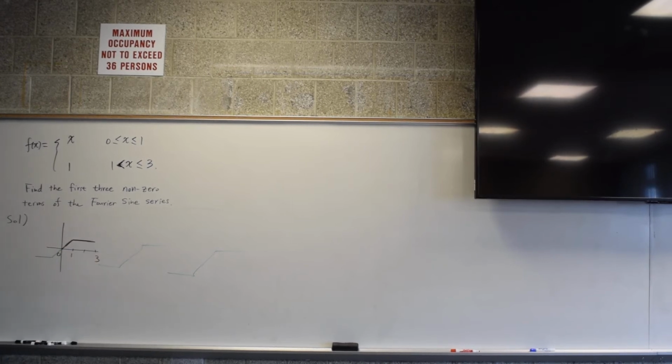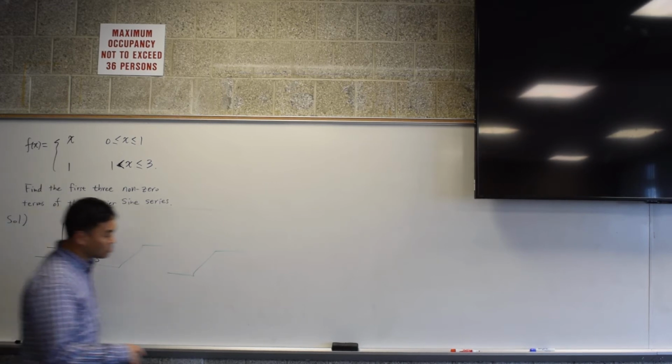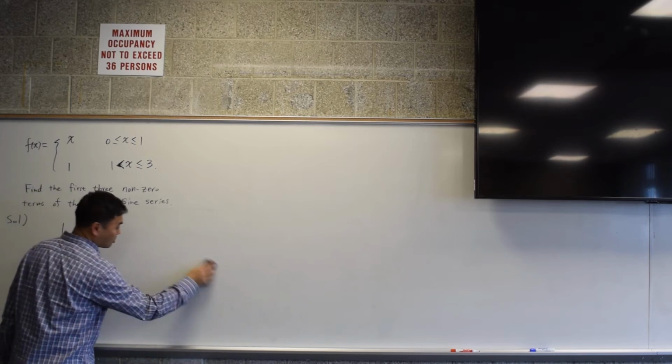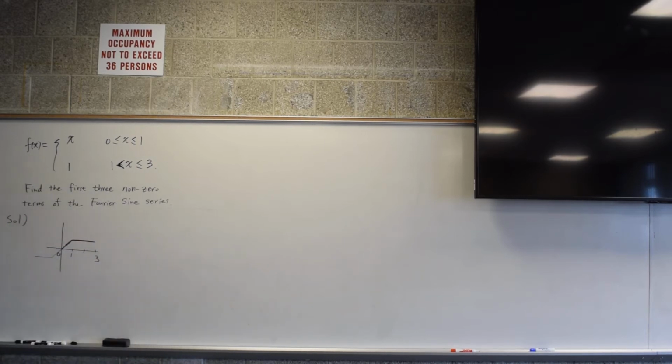Okay, so that's what we are trying to go for. But to solve this question, none of these are needed. I just want you to think about what's going on. And the reason I'm just asking for the first 3 non-zero terms is because the resulting Fourier series is quite complicated.